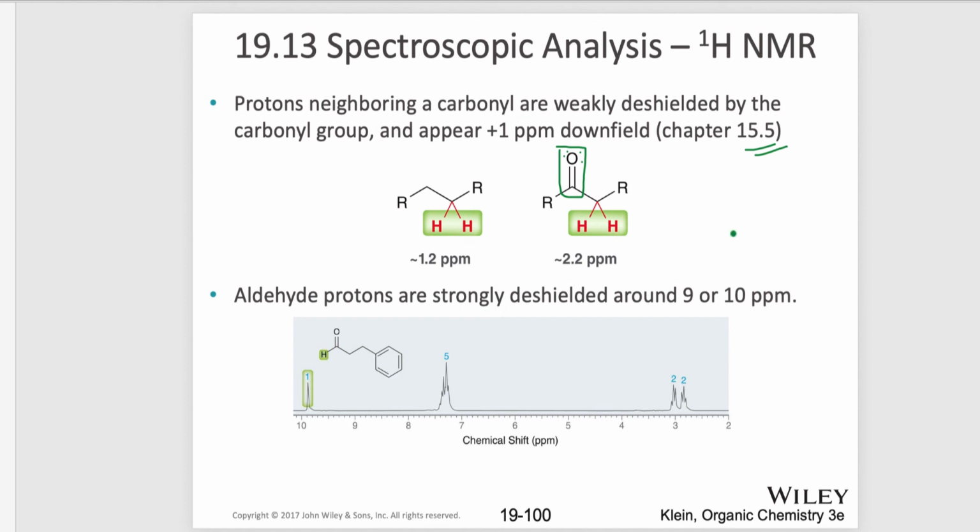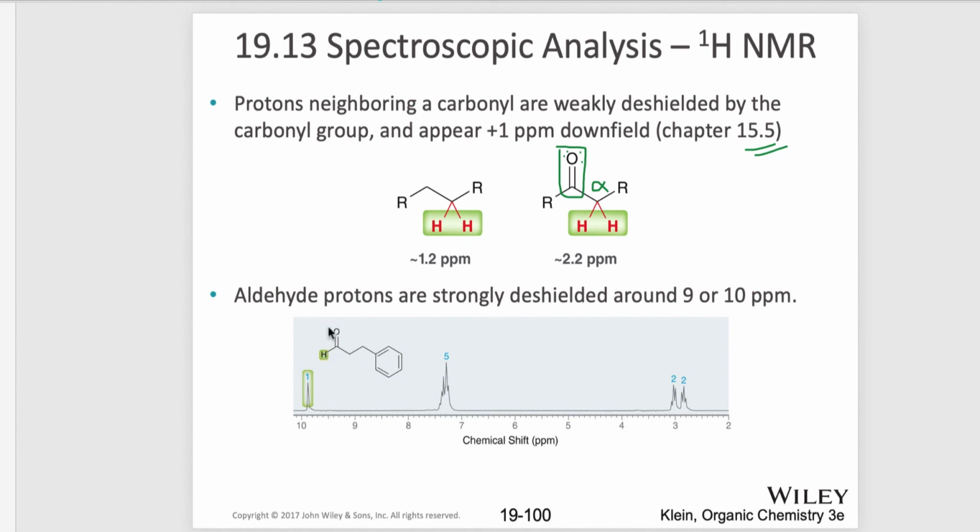And guess what? The presence of that carbonyl group makes these hydrogens in the alpha position very special, and we have a whole chapter dedicated to a lot of rich chemistry, and that's chapter 21, alpha carbon chemistry, enols and enolates. An aldehyde proton is very de-shielded. Here you have an example.